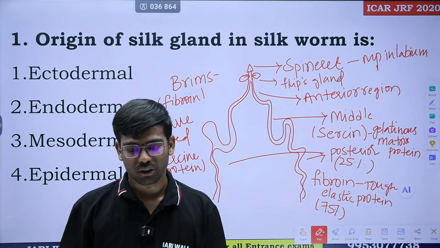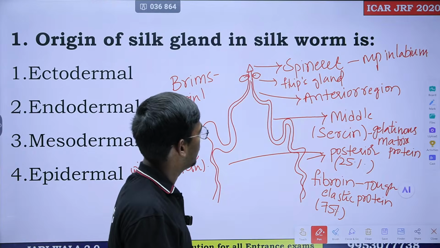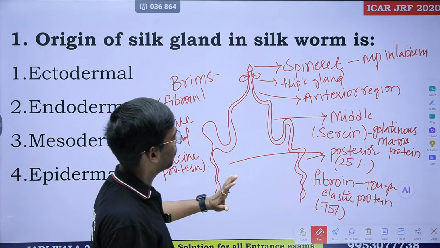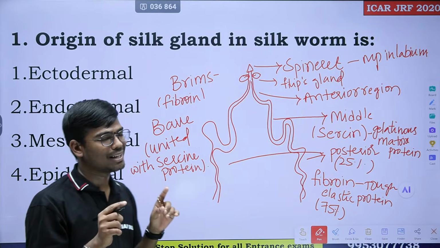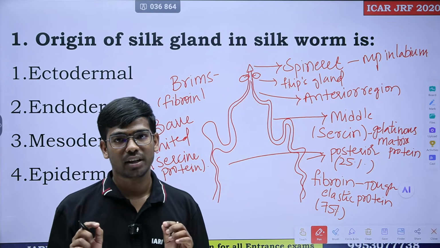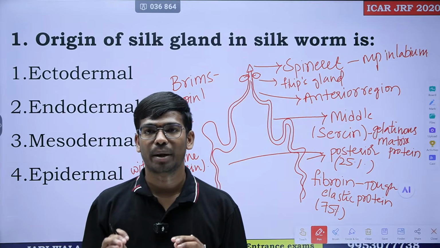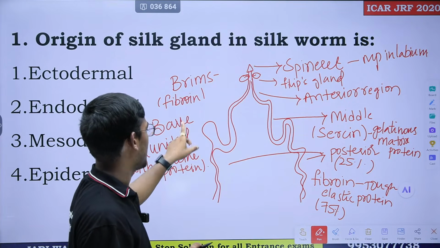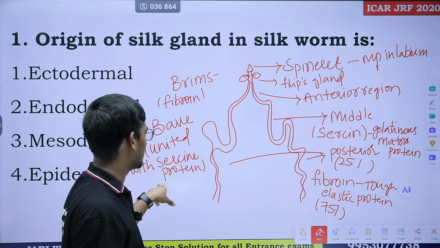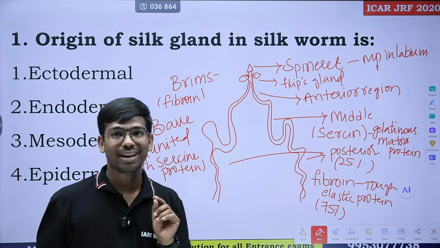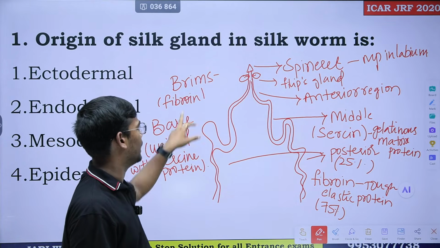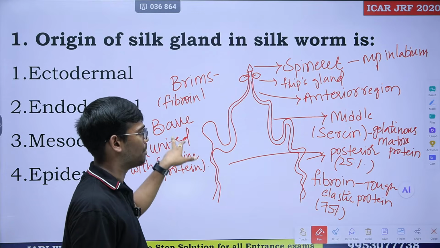And here one more thing is that we need to think: the two silk threads without sericin protein, that is only with the fibroin protein, are called brins, and usually they are coated with the sericin protein and combined into a single thread, that is called a bave, and these two terms are important, brins and bave.